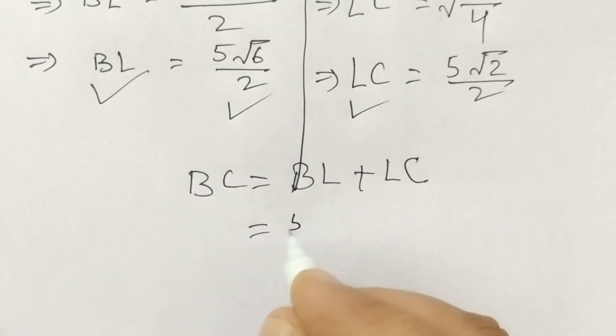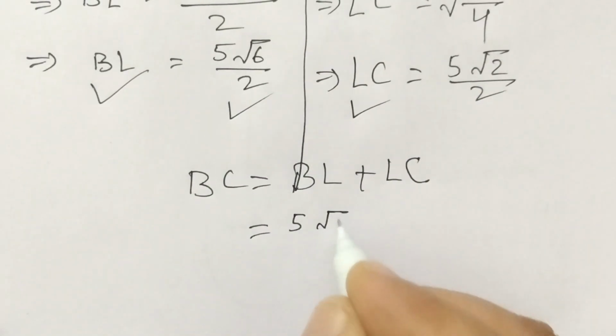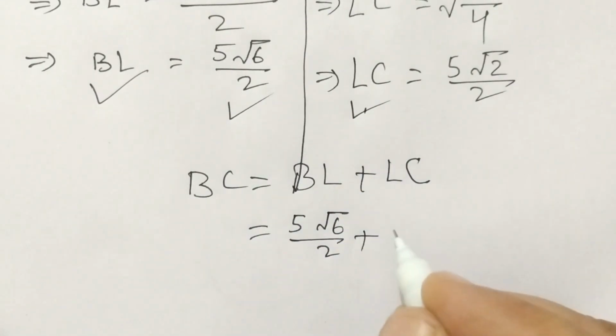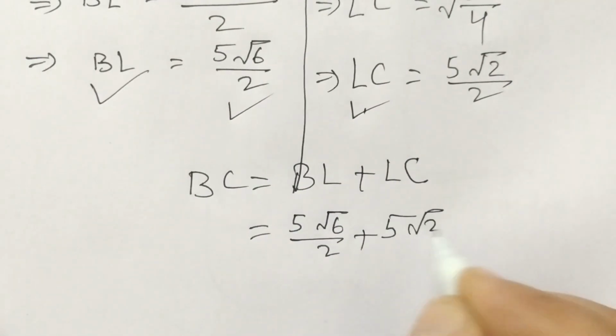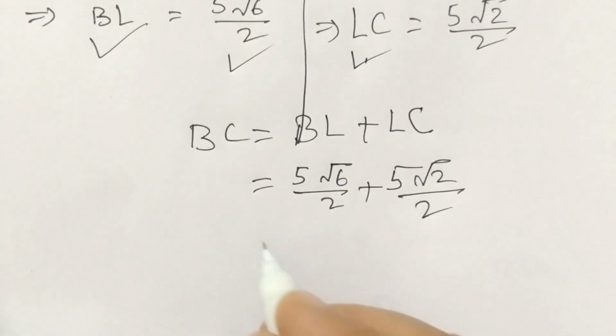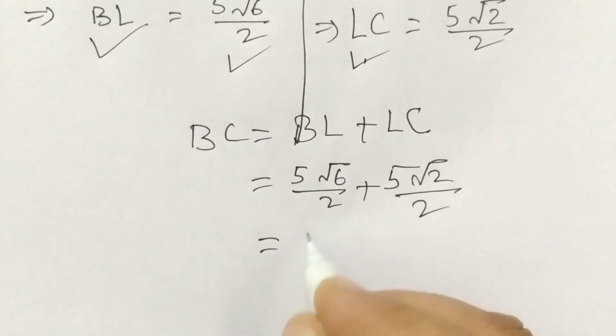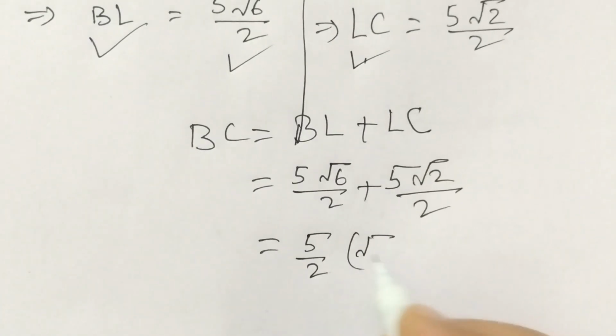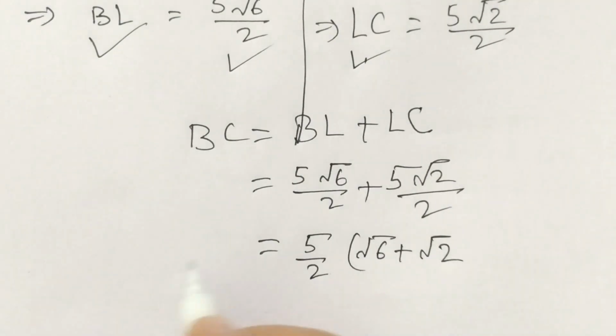So 5 square root of 6 over 2 plus LC, 5 square root of 2 over 2. So this value will be 5 by 2 times square root of 6 plus square root of 2.